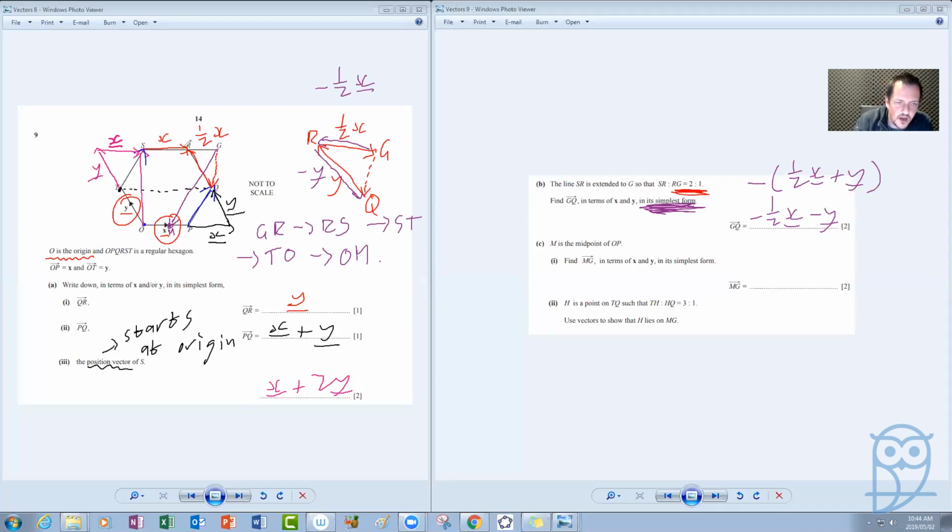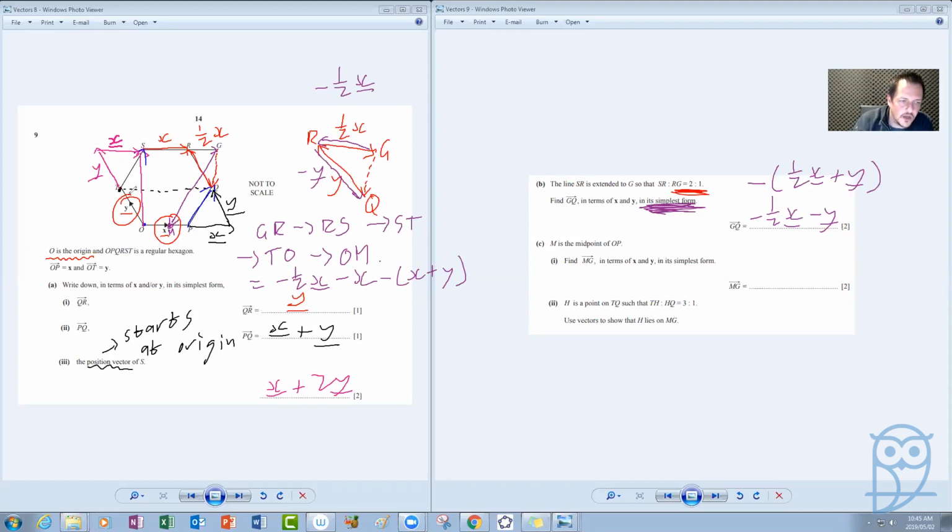So G to R is going to be minus a half X. Because remember, it was in that direction, so minus direction, minus a half X. That direction is minus X. That direction here, ST, we found out what ST was. ST was the same as this one, which is X plus Y, but we're going in the opposite direction. So it's minus X plus Y.